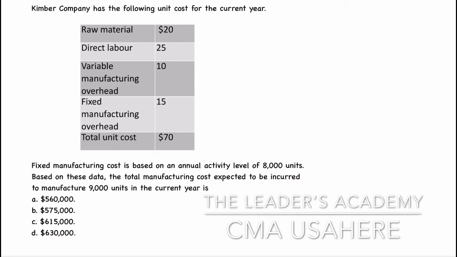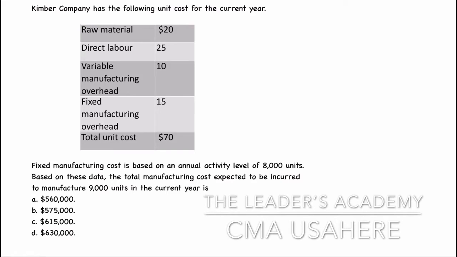Based on these data, the total manufacturing cost expected to be incurred to manufacture 9,000 units in the current year is option A $560,000, option B $575,000, option C $615,000, option D $630,000.